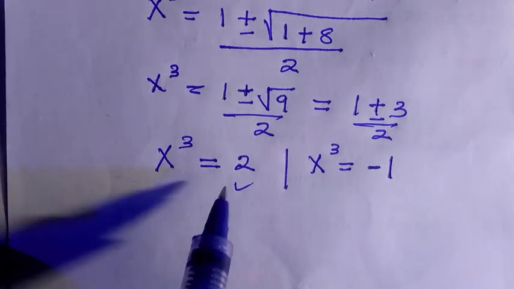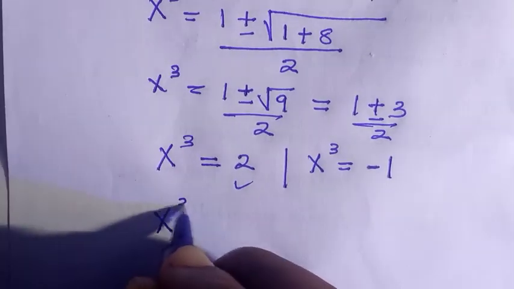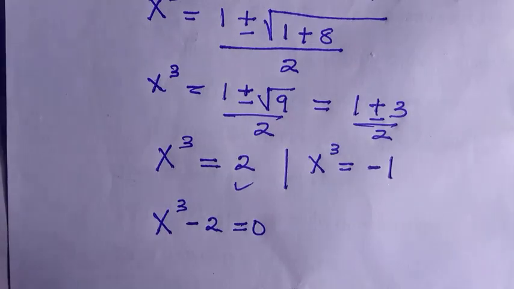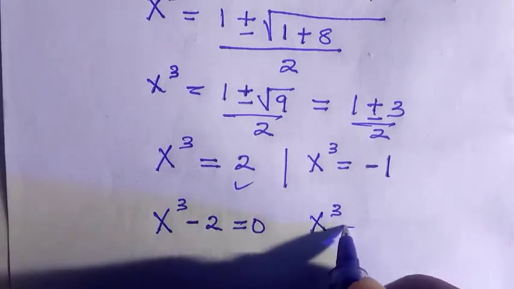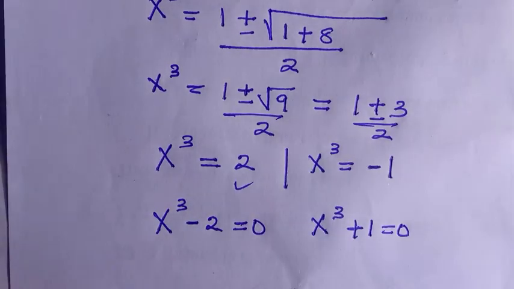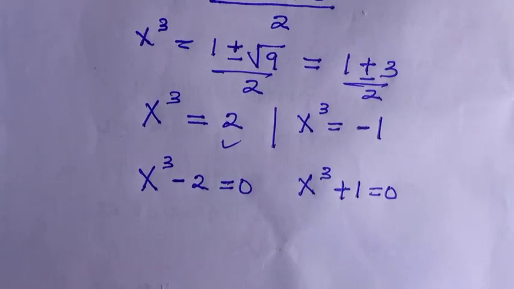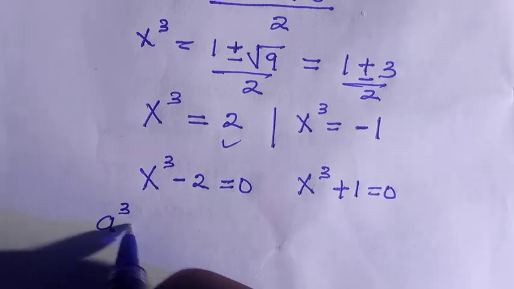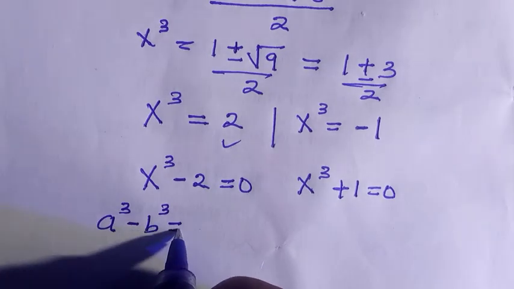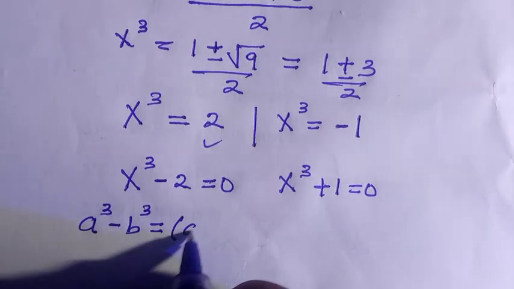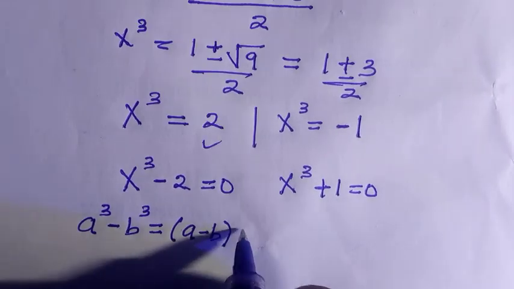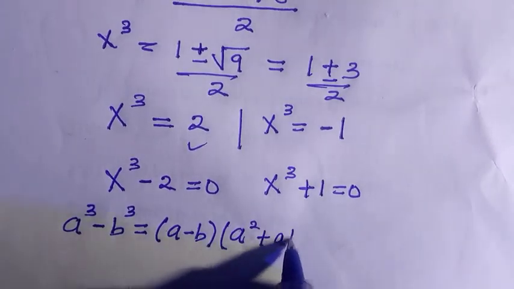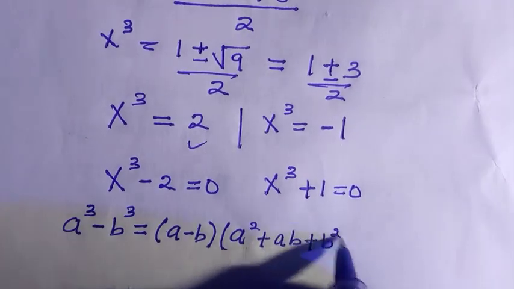So let's deal with this one first. If we transfer this, we have x raised to power 3 minus 2 equals 0. And for the other one, x raised to power 3 plus 1 equals 0. To do that, consider this identity: a raised to power 3 minus b raised to power 3 equals a minus b, bracket, a square plus ab plus b square.